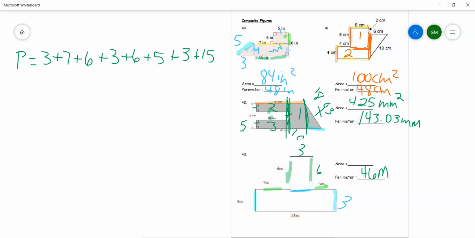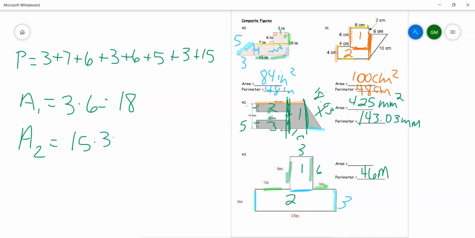Alright, and now we're going to do our area. Remember that rectangle 1 is rectangle 2. So the area of rectangle 1 is going to be 3 times 6, which is 18. And the area of rectangle 2 is going to be 15 times 3, which is 45.